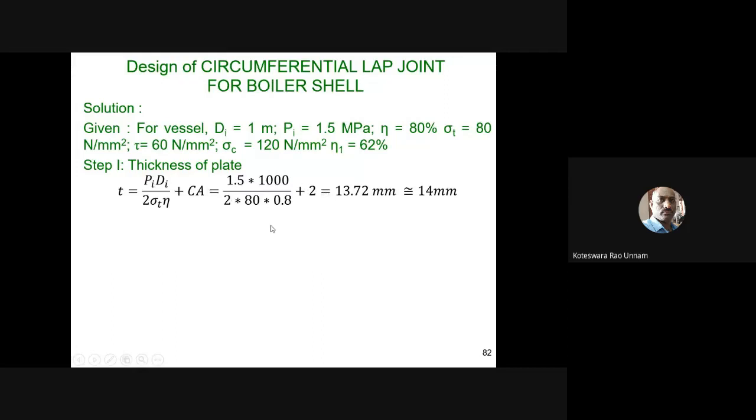If I substitute and compute, it comes out as 13.72 mm. So we round it off to 14 mm. The thickness of the plate is 14 mm.